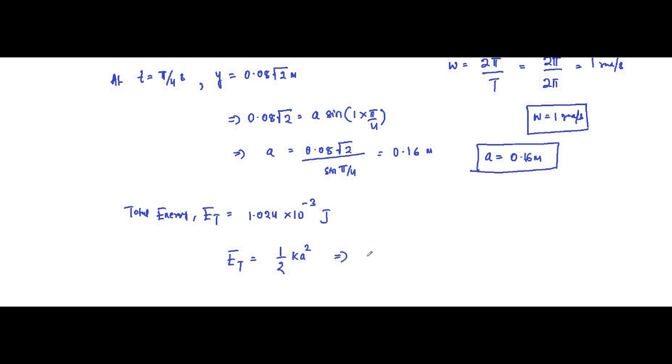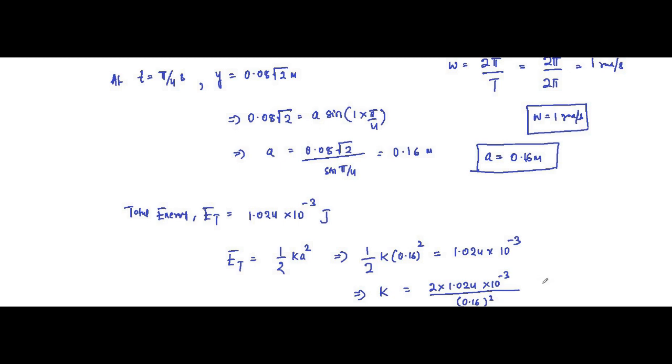That implies 1 by 2 k into 0.16 whole square is equal to 1.024 into 10 to the power minus 3 joules. From this we can calculate the force constant k, which is equal to 2 into 1.024 into 10 to the power minus 3 by 0.16 whole square.